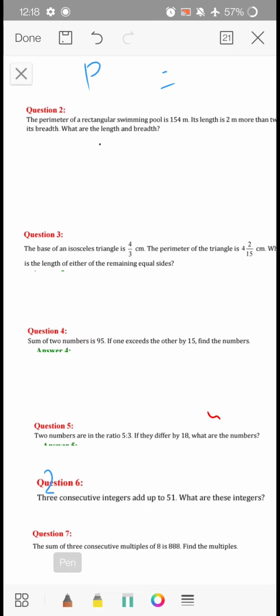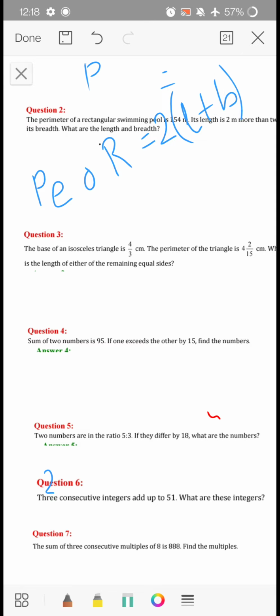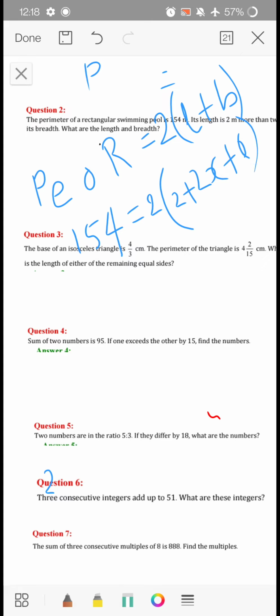Now we have the formula that perimeter of rectangle is equal to 2(L + B), right? Perimeter is given to you, that is 154 meter. 2 will remain as it is. Length also you know, that is 2 plus 2x, and breadth is x. First of all, let's try to solve this bracket.